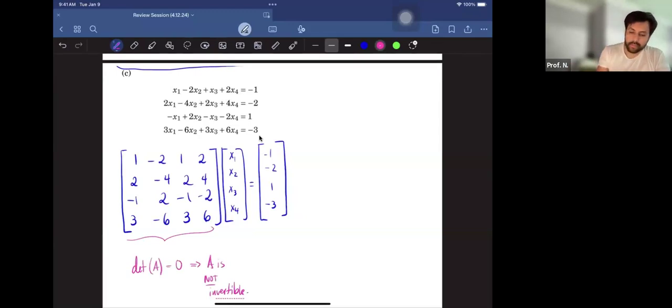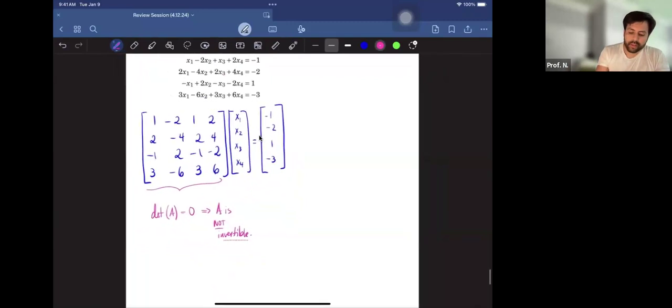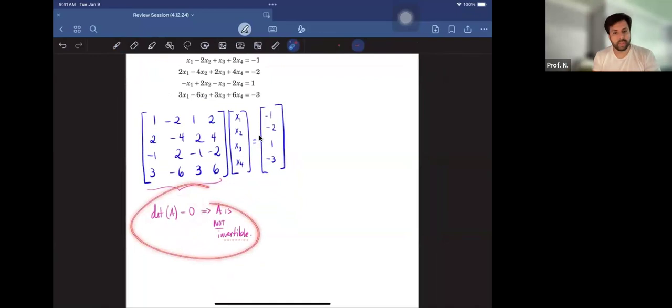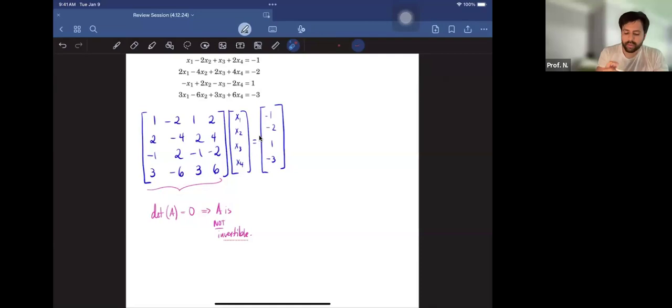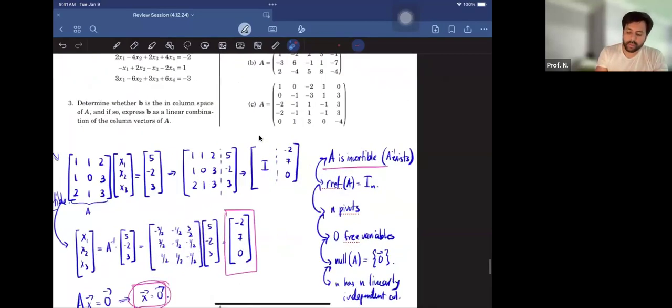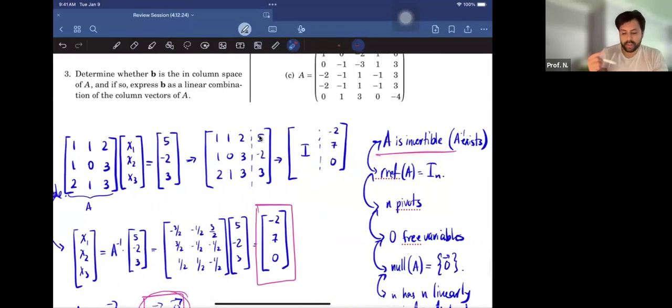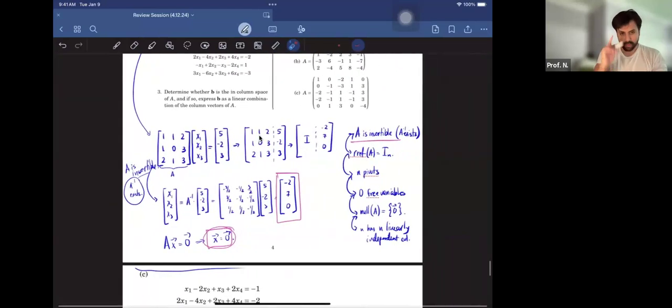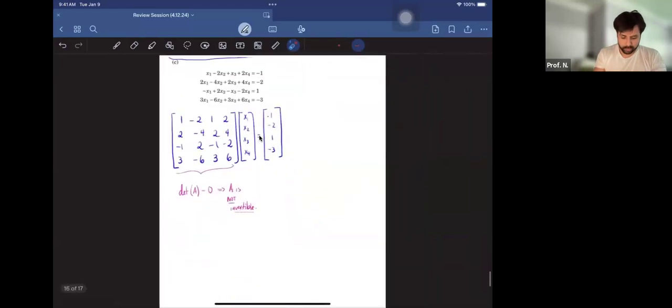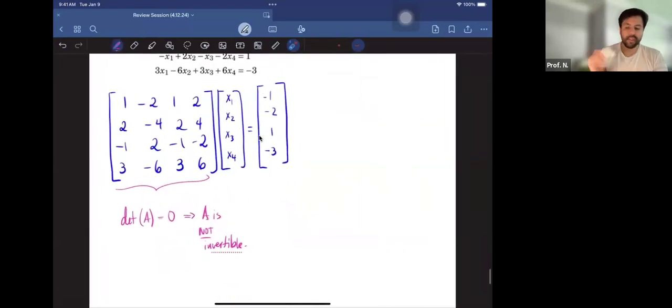Not quite. The determinant being 0 does not mean there's no solution. There may or may not be, but for sure there isn't just one unique solution. When the matrix is invertible, the determinant being non-zero, you have only one unique solution every time. But here you may have infinitely many, or you may have none at all.